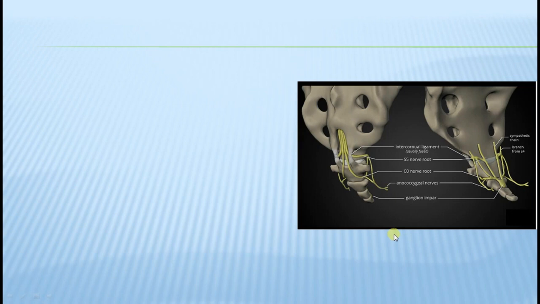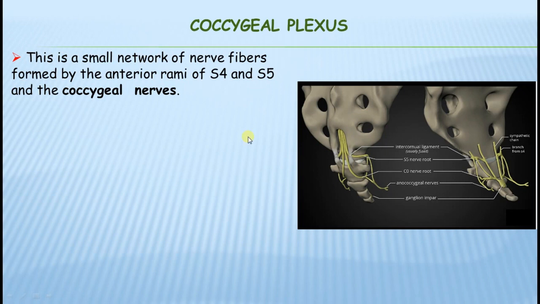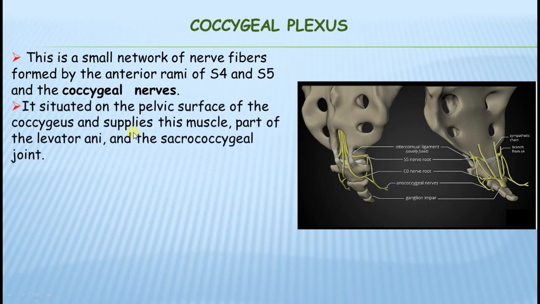Then the coccygeal plexus is mainly formed by the S5 ventral rami, actually mainly by S4, which divides into upper and lower divisions. Along with the lower division of S4, S5 and the coccygeal nerves, they form the plexus, which is situated on the pelvic surface and mainly supplies part of the levator ani and the sacrococcygeal joint.